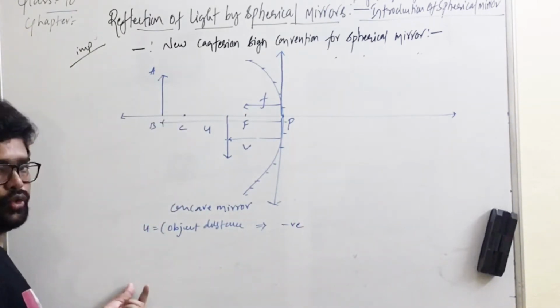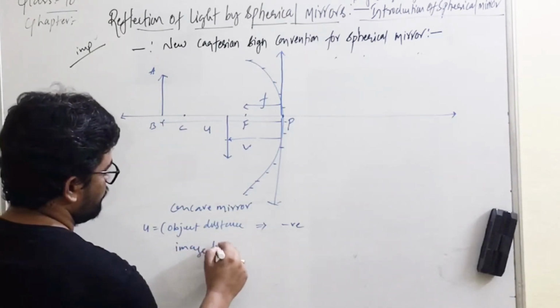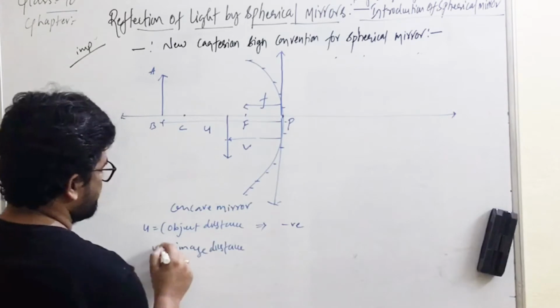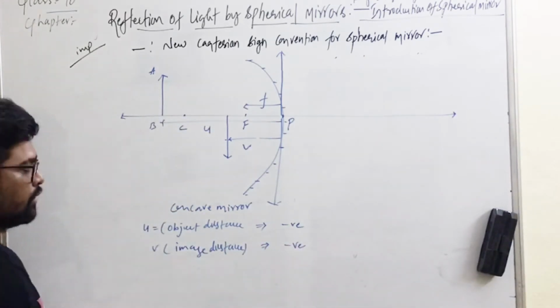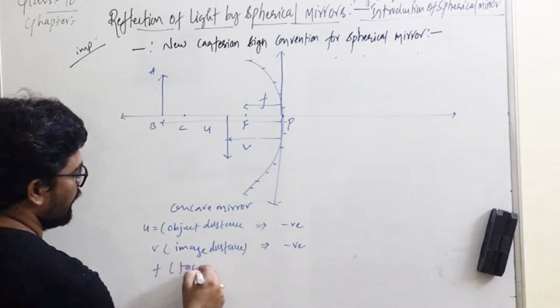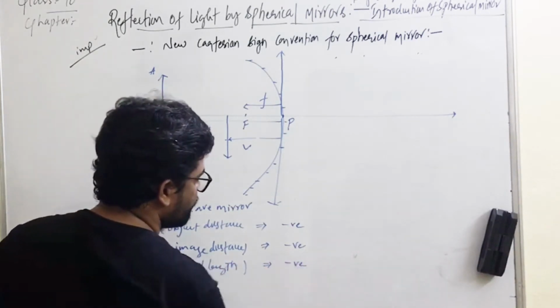Image distance v will also be negative. Focal length f of the mirror also remains negative.